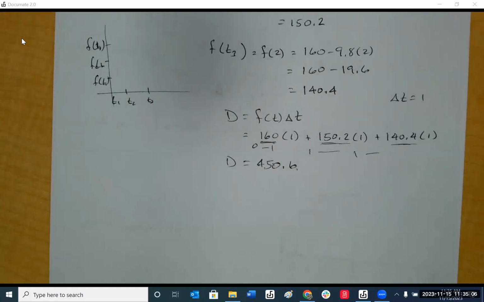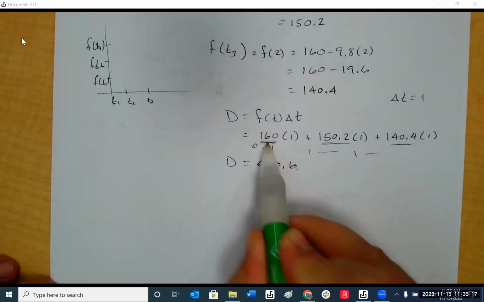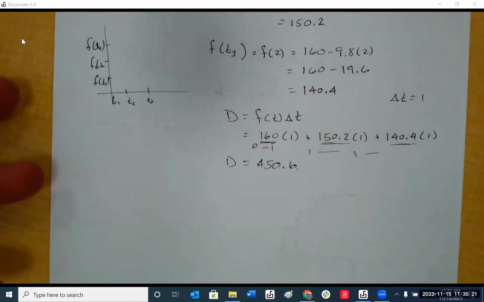So each delta T is its own partition. Yes. What this is also telling us is that our distance is decreasing because of the gravitational acceleration.